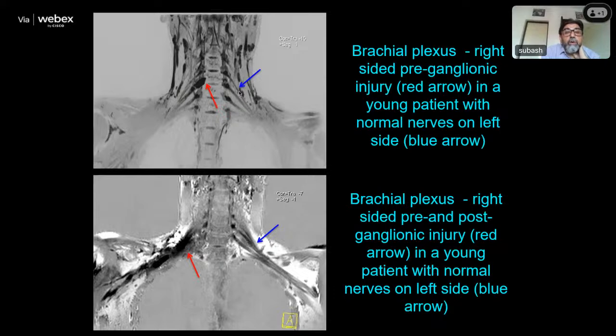This is a healthy or normal nerve, and you can see how the brachial plexus nerve is affected by the injury. Similarly on the right side, blue is a normal nerve, and red is the affected shoulder. You can see how beautifully these can be visualized on the MRI.